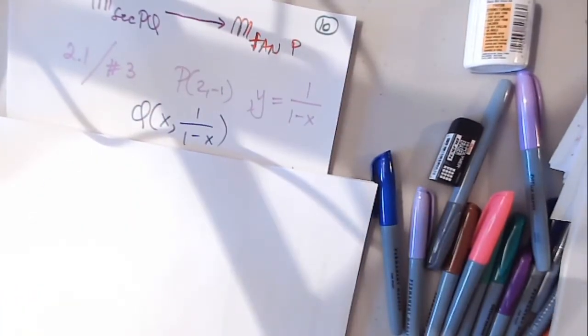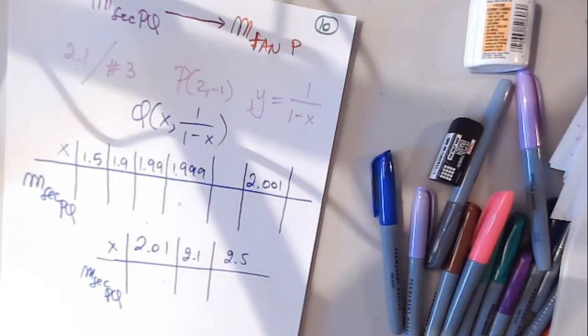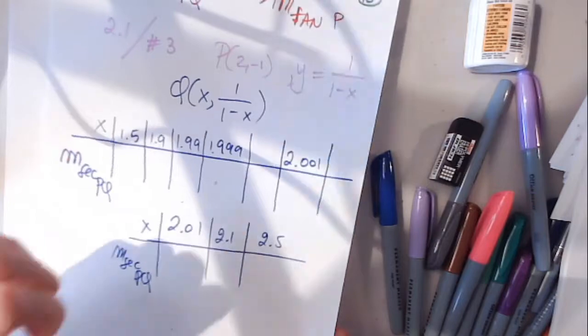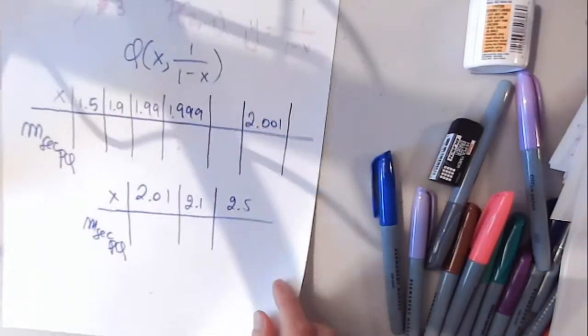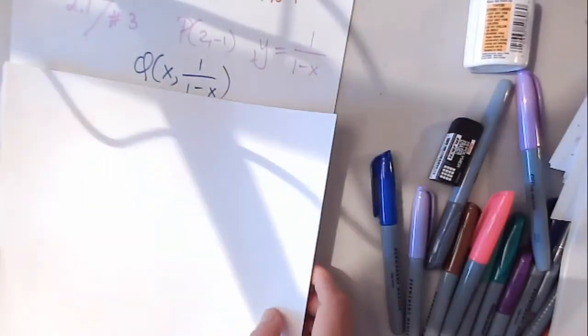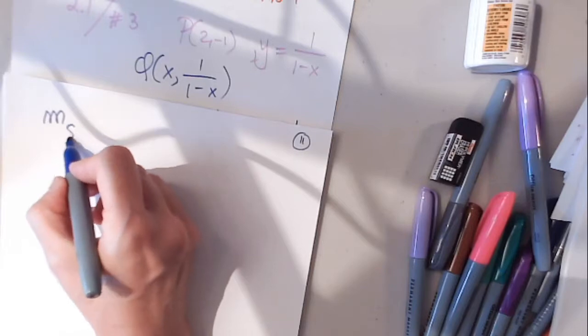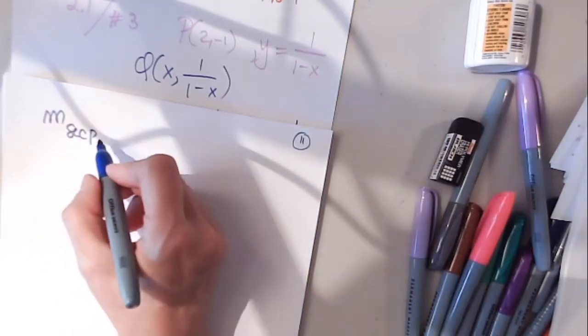What will you write? I don't even want to look at these numbers. I will cover it and then come back. Can anyone give us a formula for the slope of the secant line PQ?